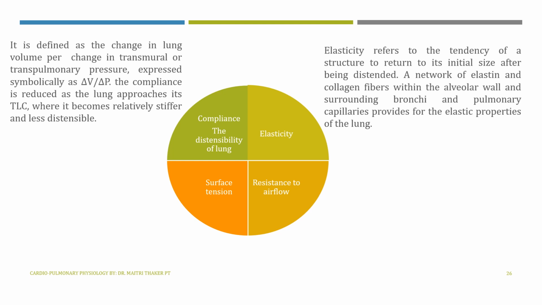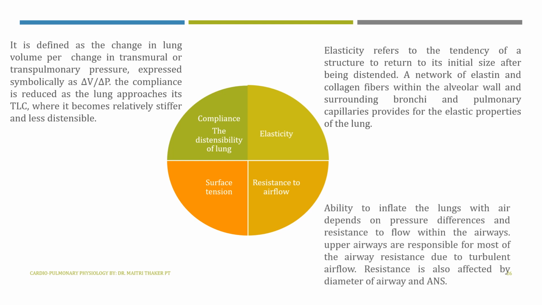Our lungs have a similar property to return to their initial size after being distended. A network of elastin and collagen fibers within the alveolar wall and surrounding bronchi and pulmonary capillaries provides the elastic properties to the lungs. So it is elastin and collagen fibers which are responsible for elasticity.